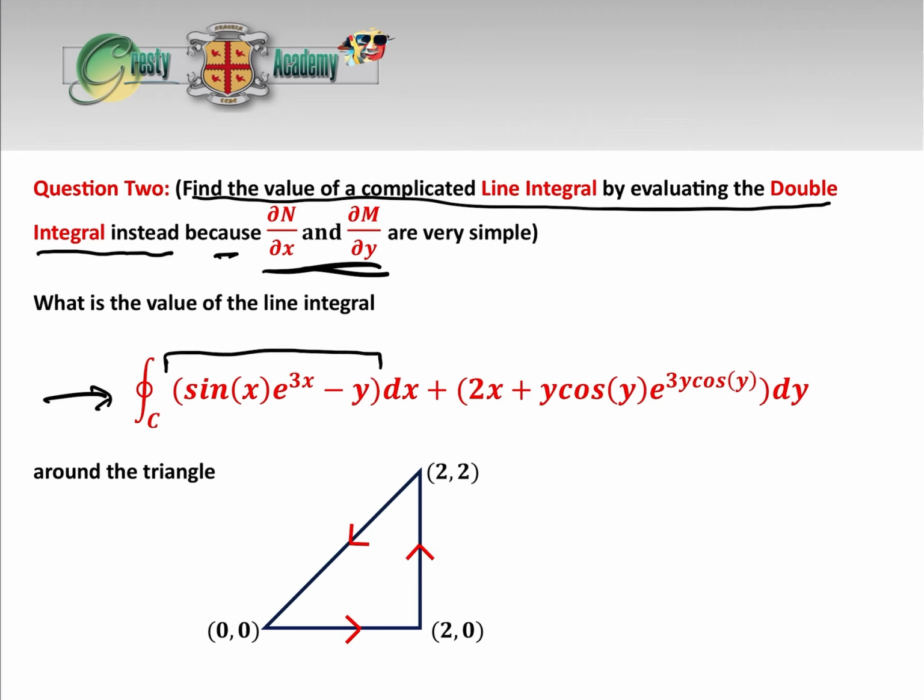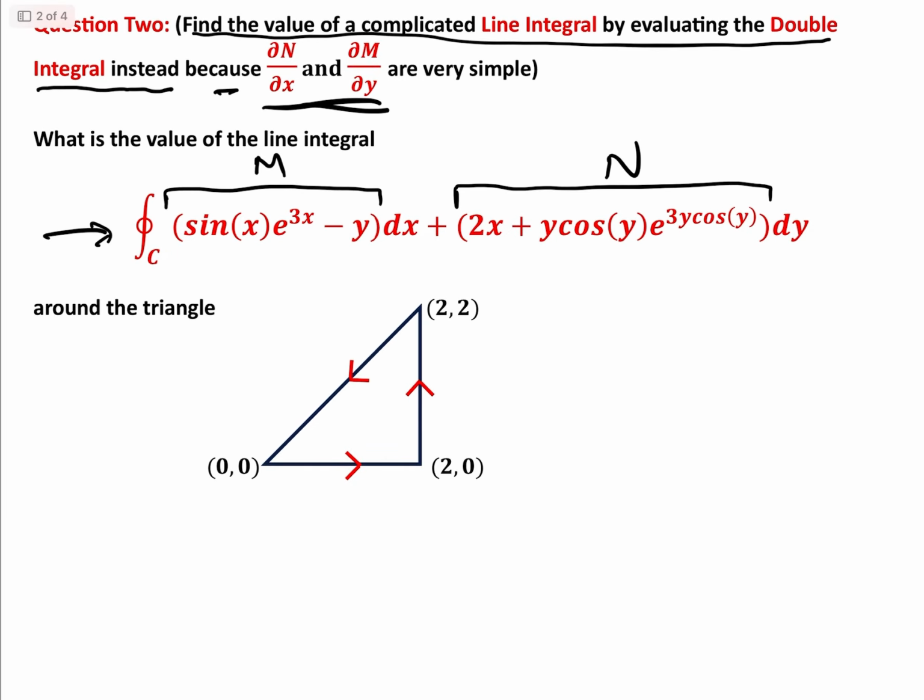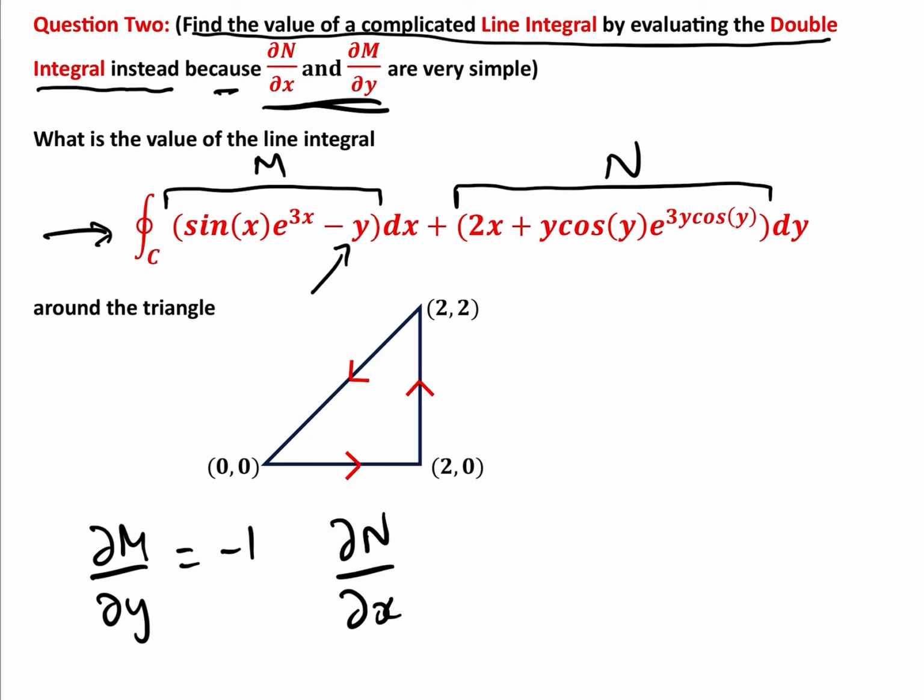But if we look at this bit here, which is M, and this bit here, which is N, we notice that dM/dy is equal to minus 1, and dN/dx is equal to 2.